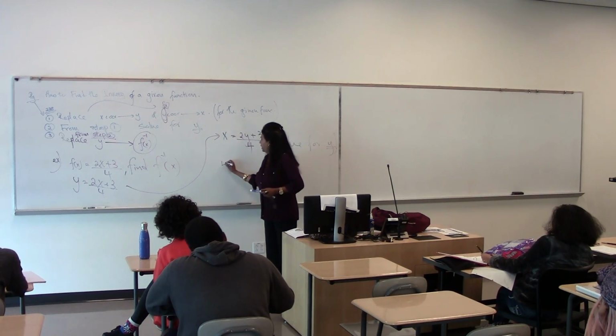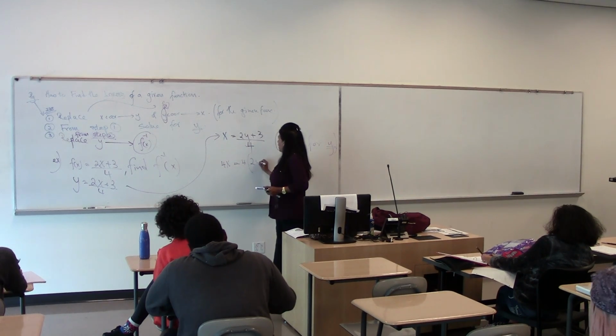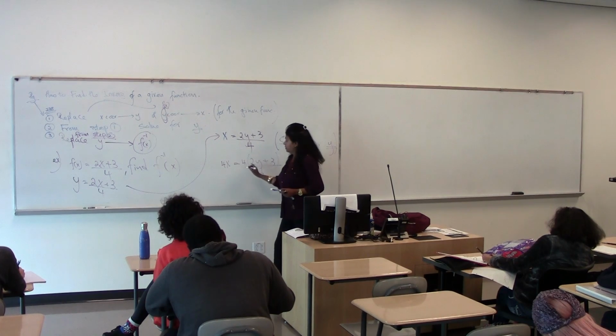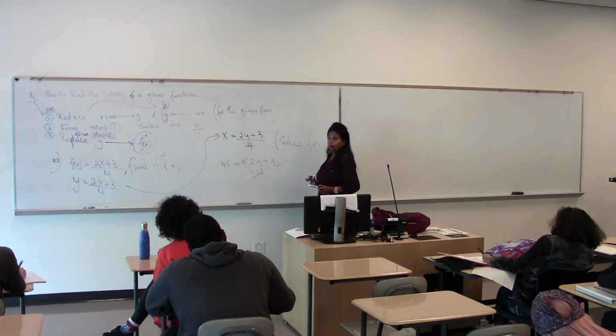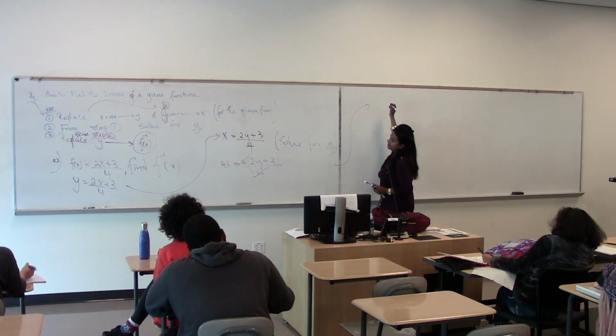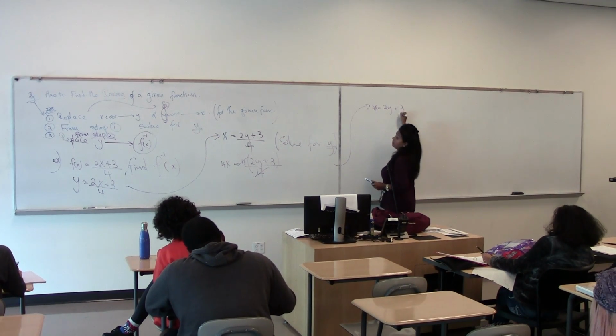So we get 4x is equal to 4 times (2y plus 3) over 4. Cancel, cancel. So what do you get? 4x equals 2y plus 3.